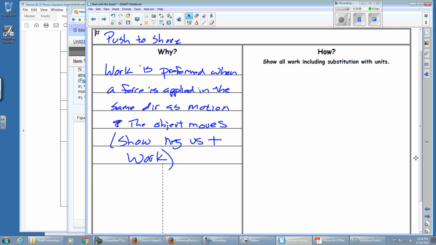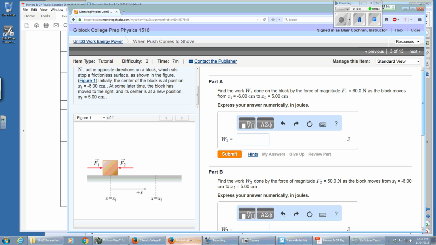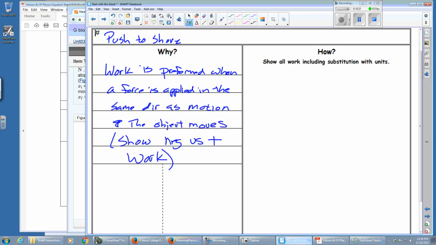All right, so let's look. They want to know the work done by force one. So I'm going to say work, remember, is force parallel times delta D parallel.